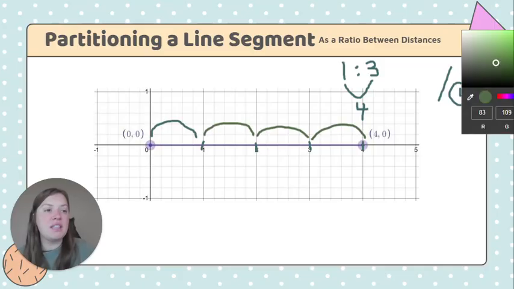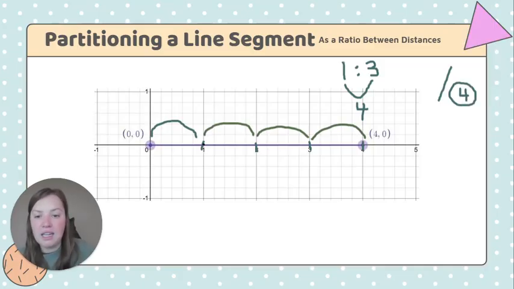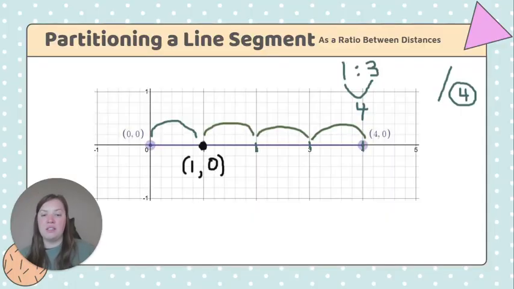So the location of my point is going to be located where my ratio of 1 to 3 meet, which in that case is right here at the 1 mark on the x-axis, and because we're on the x-axis, our y value is 0.